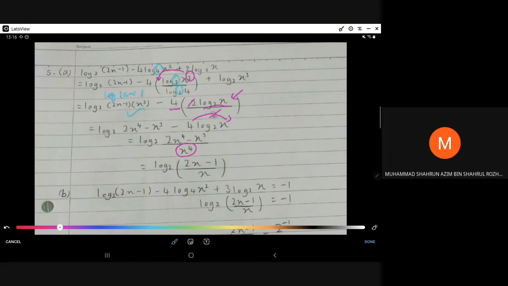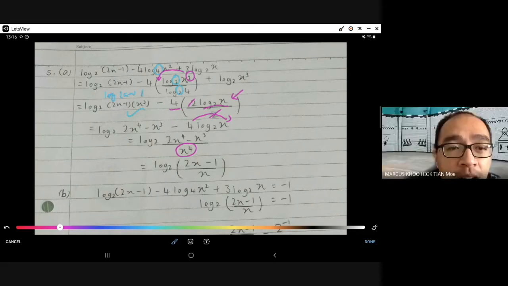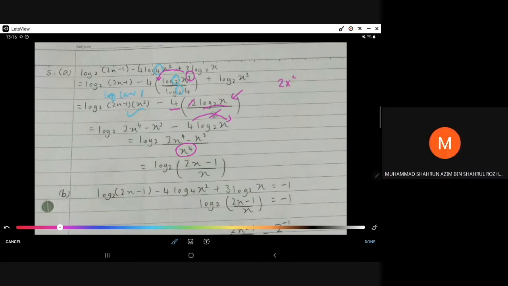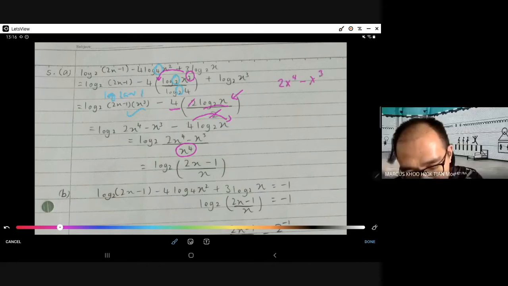After that, you divide, and then the power is simplified on the x. So 2x to the power of 4 minus x to the power of 3 over x to the power of 4.